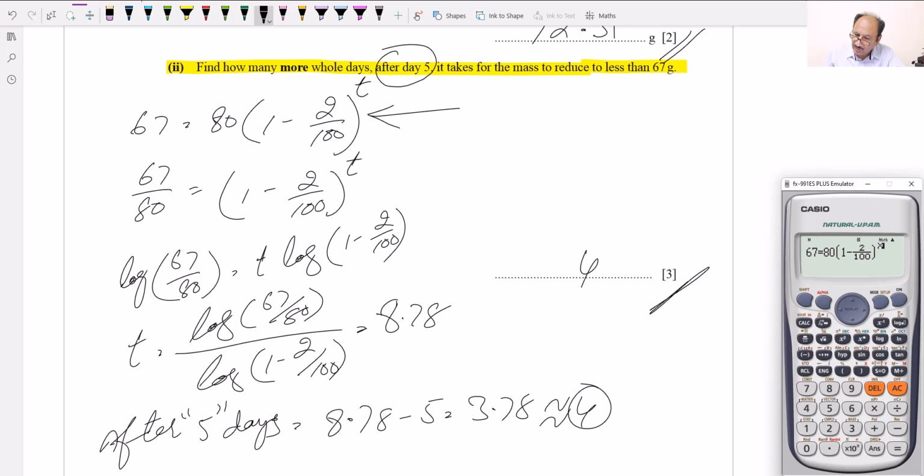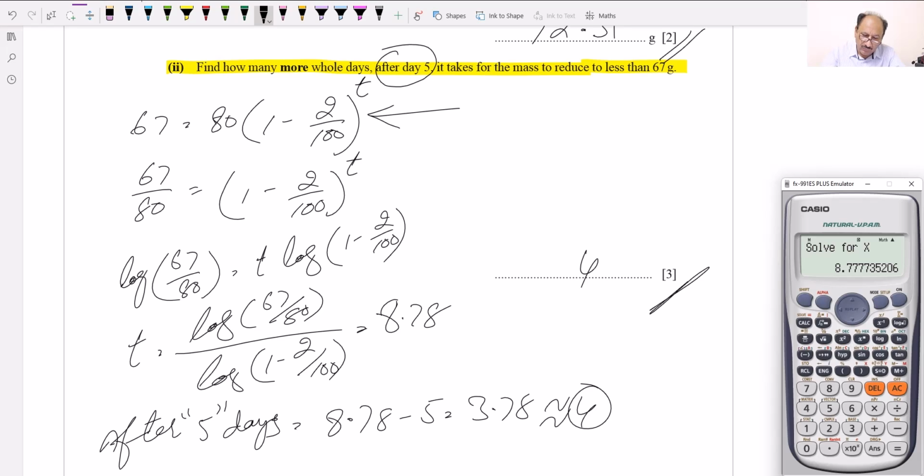After typing this, we will be pressing the solve button with the shift. So shift, then this solve, which is written on the calculate button. So shift solve, and it is giving us the answer 8.77.